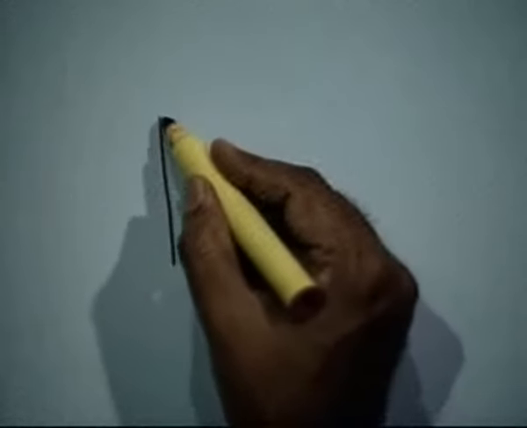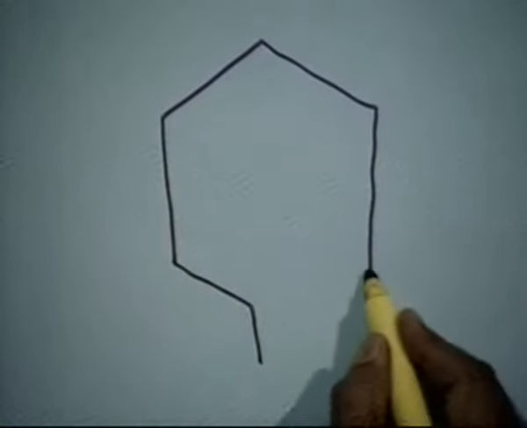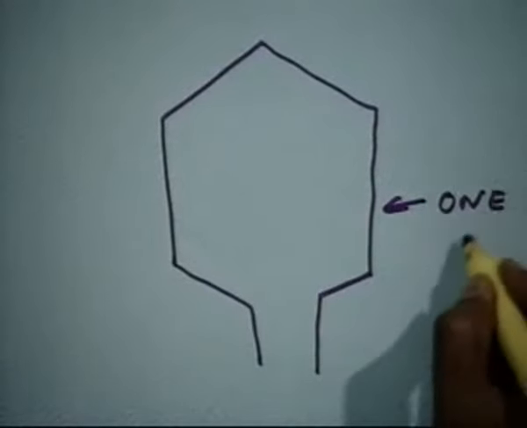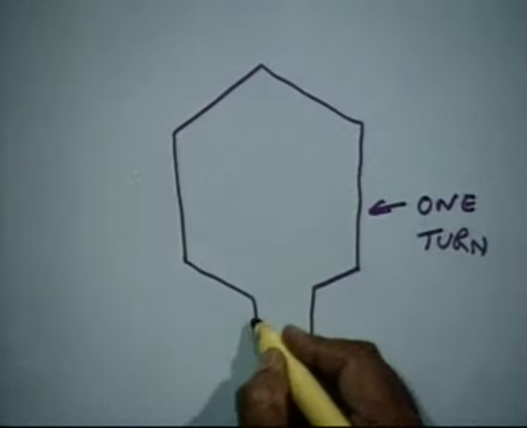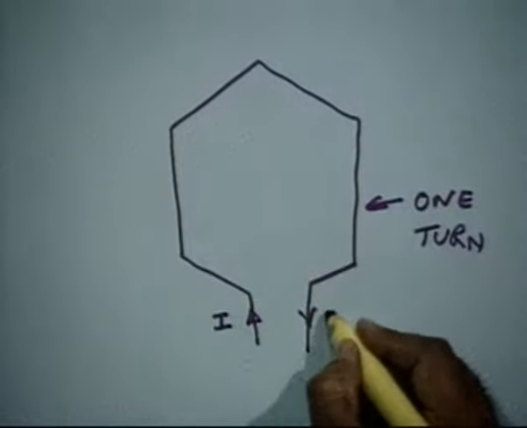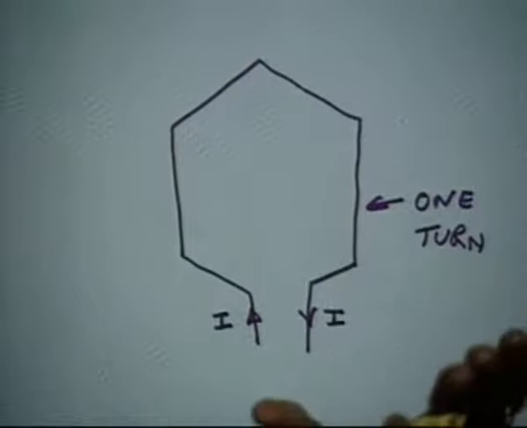So we will typically say this is one turn. Is it clear? The current goes in, maybe like this, and the current comes out. So we start with one turn, which is a copper turn.